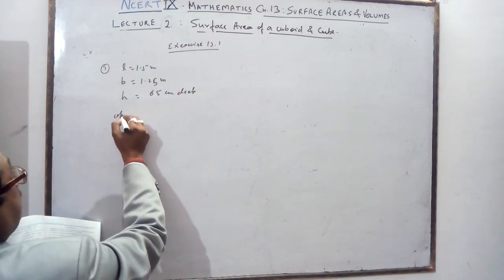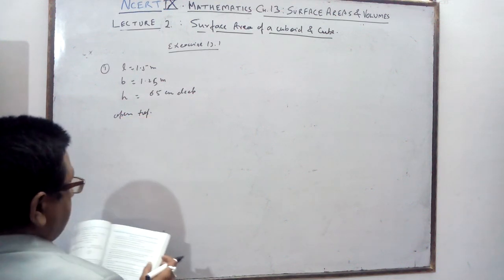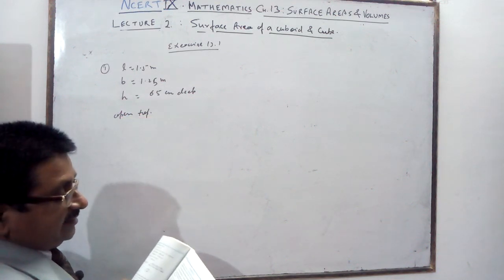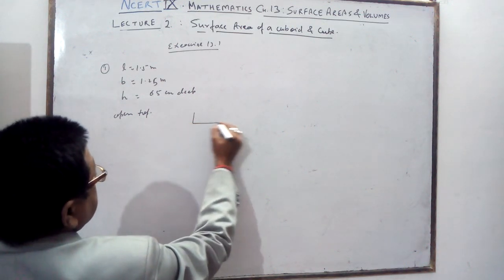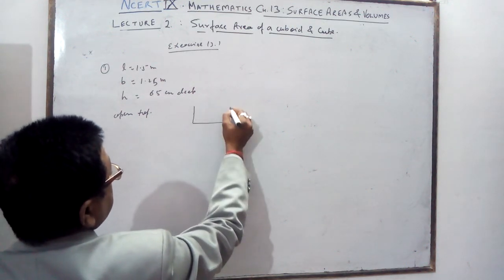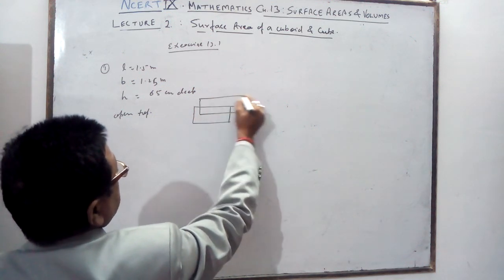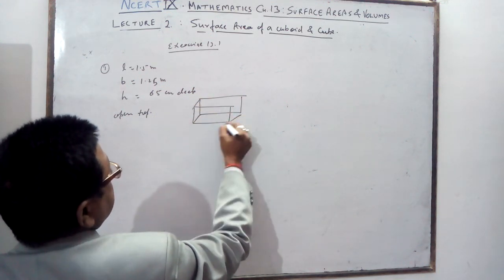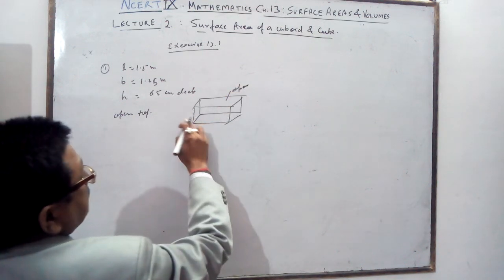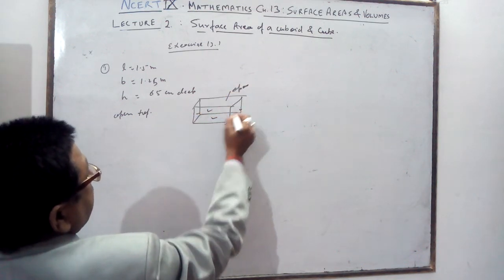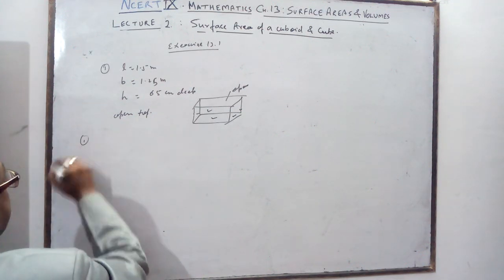Ignoring the thickness, find the area of the sheet required to make the box. It is a box which is open from the top. You are seeing this part and it is open. So 1, 2, 3, 4, 5 places you will put the sheet. So first part, area of the sheet.